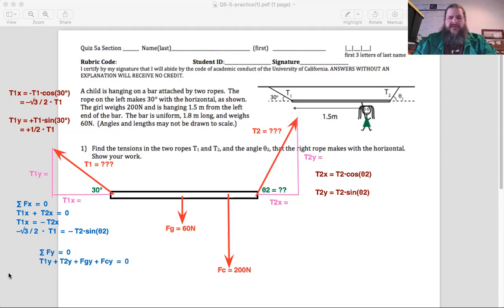And if we fill in our substitutions there, T1y and T2y, we can write in terms of the values we got here. For instance, T1y we know is 1/2 times T1 magnitude. So T1 times 1/2 plus, and T2y, we don't know T2, but we can at least write this as T2 times sine of theta2.